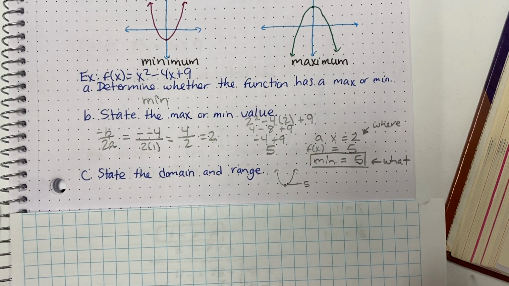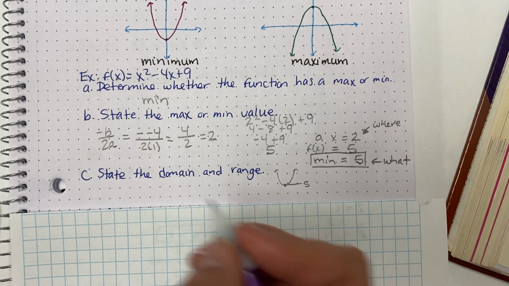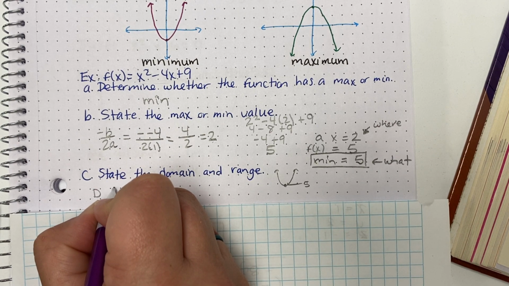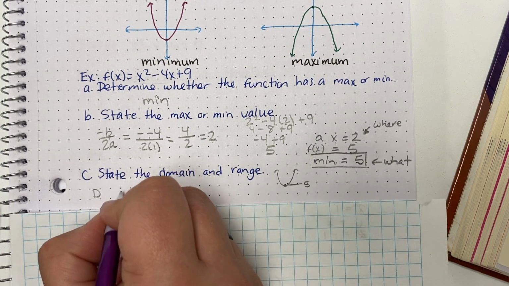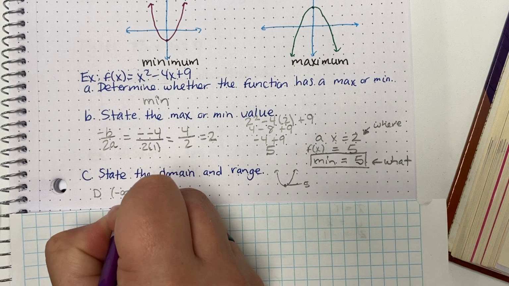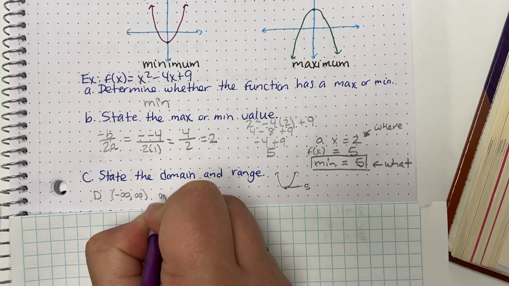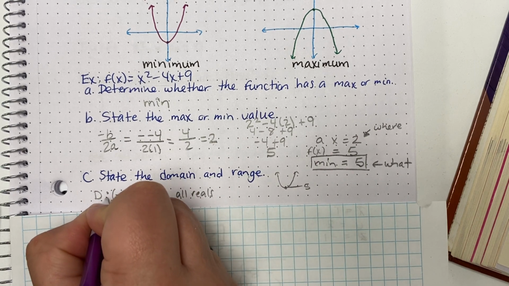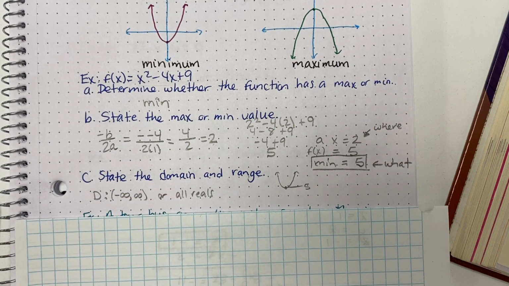So my domain, my x's, are going to be all of them: negative infinity to positive infinity, or all reals, however you want to write that.